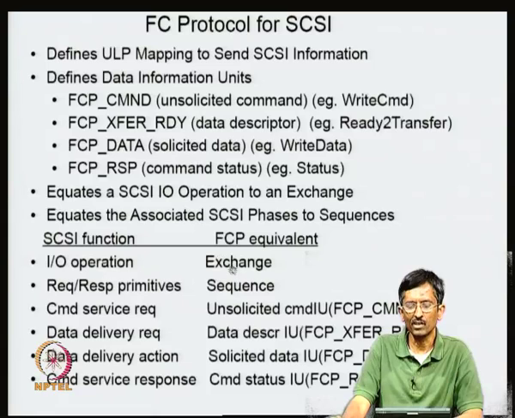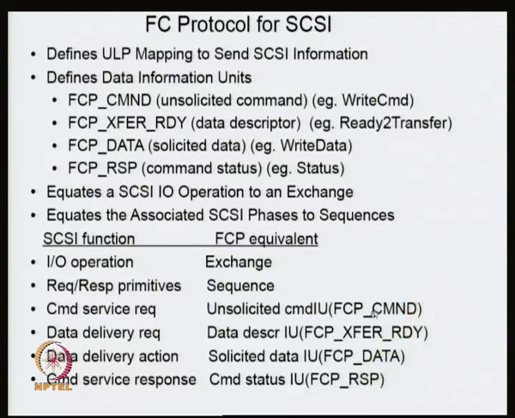So an IO operation is basically an exchange, which means it's bidirectional. These are the request-response primitives, that is, there could be multiple sequences or frames sent with respect to one IO operation, for example a write. The SCSI command is mapped to this, and the data delivery is mapped to this.